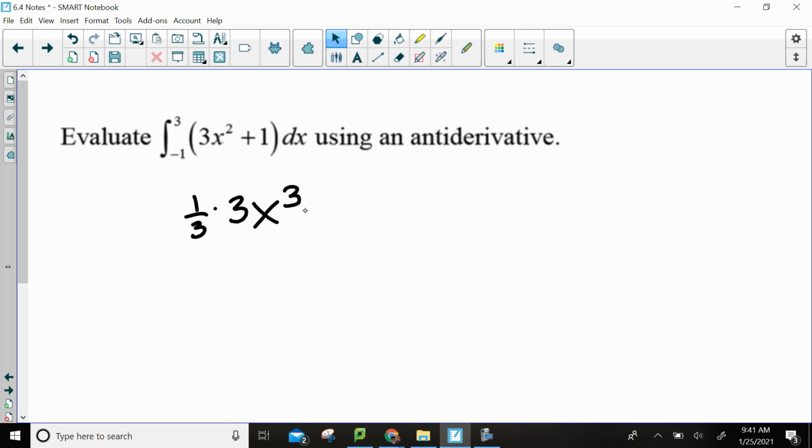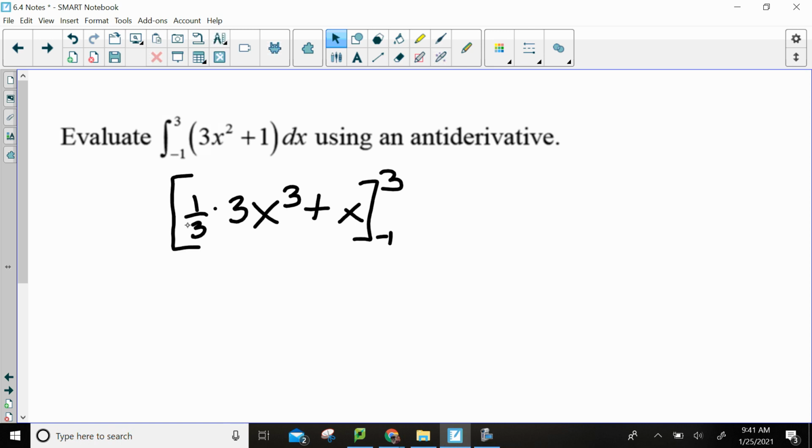Okay, so it's 1/3. I will simplify this in just a minute. I'm going up, x comes from, like if you find the derivative of x, we get 1. All right, and we are going to do that from -1 to 3.